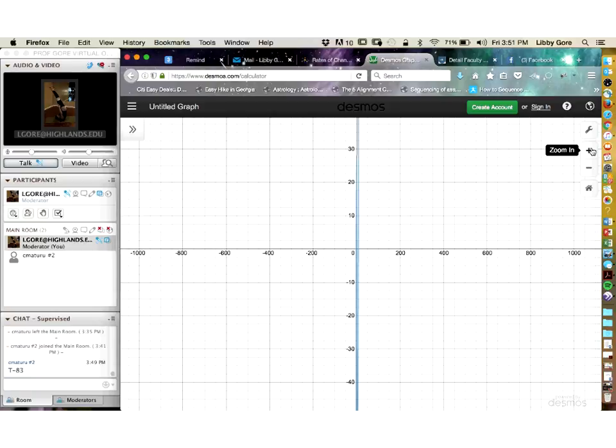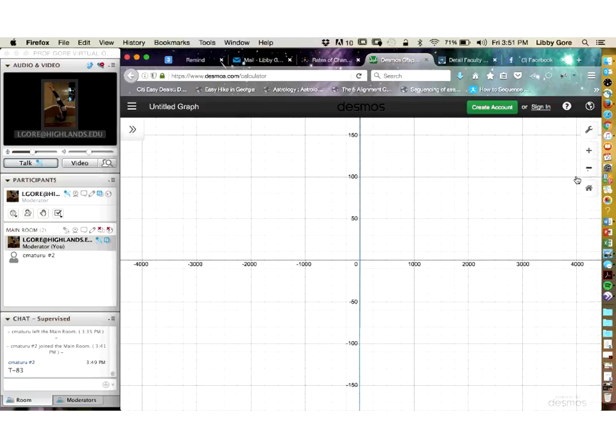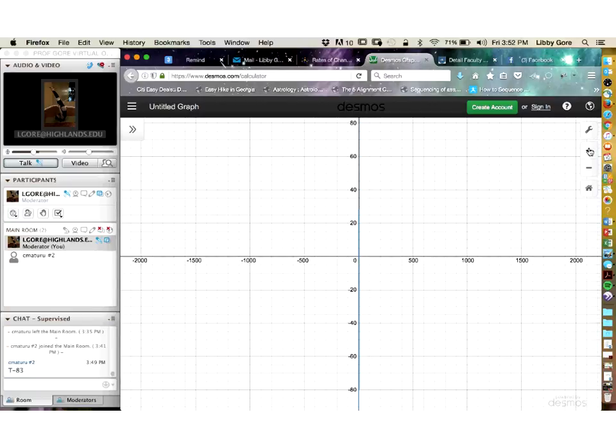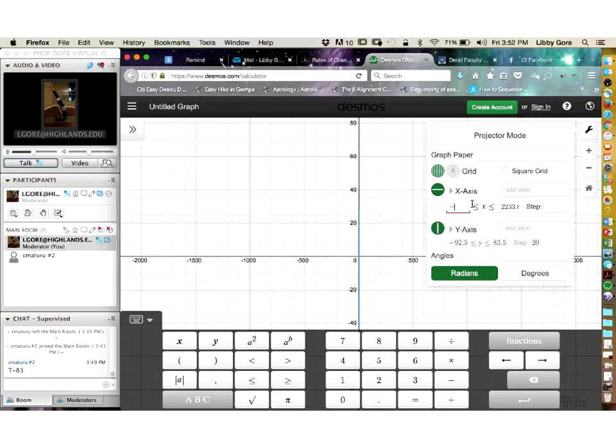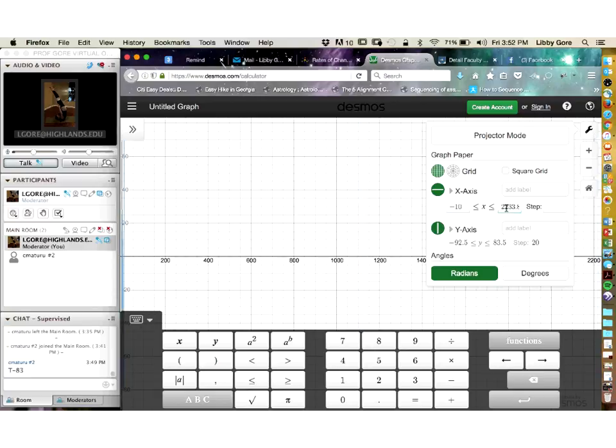All right. So I need to see from, let's see, negative 80, it looked like, up to positive 30. Okay, so my X values need to go from negative 10 to positive 10.